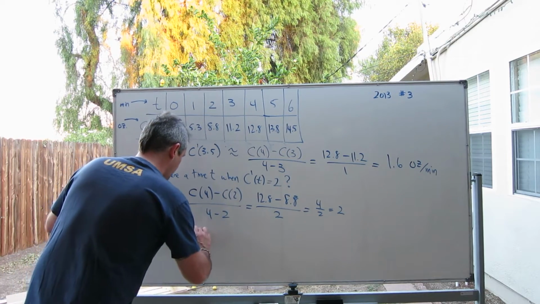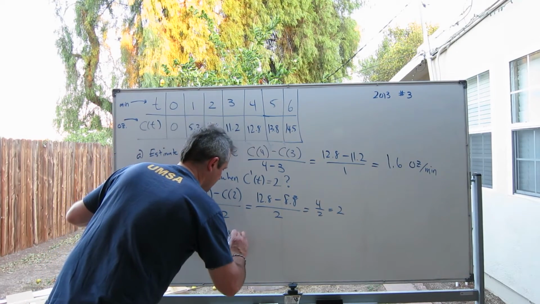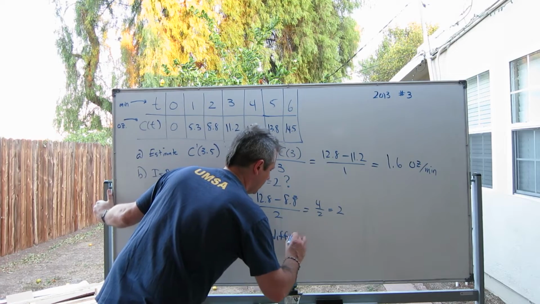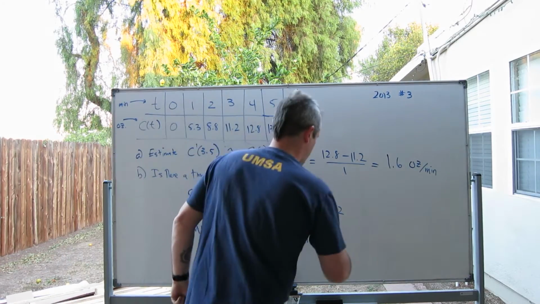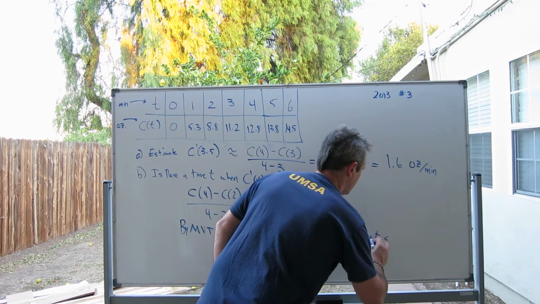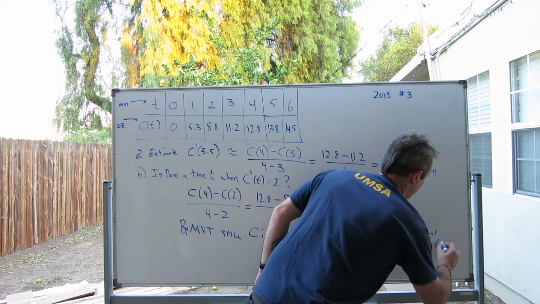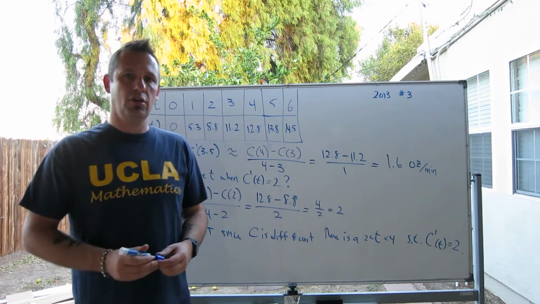By the mean value theorem, since c is differentiable and continuous, there is a t in between 2 and 4 such that c prime of t equals 2. And that's my answer for part B.